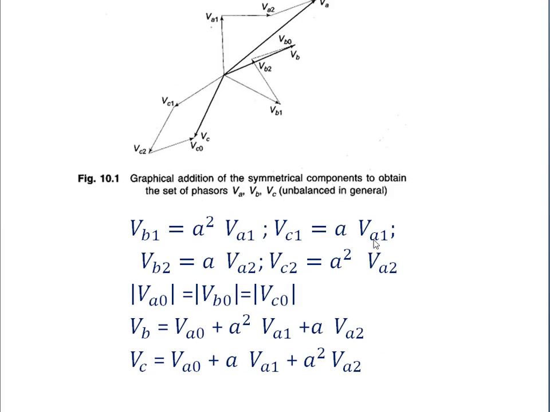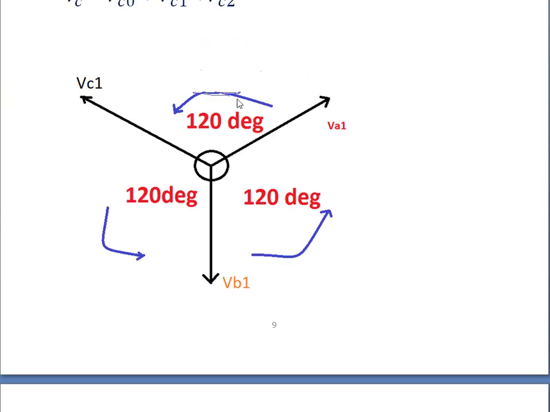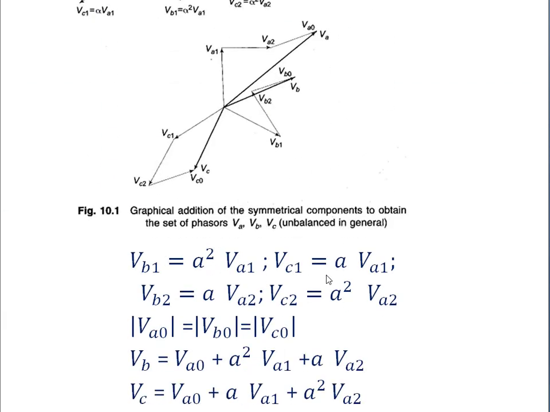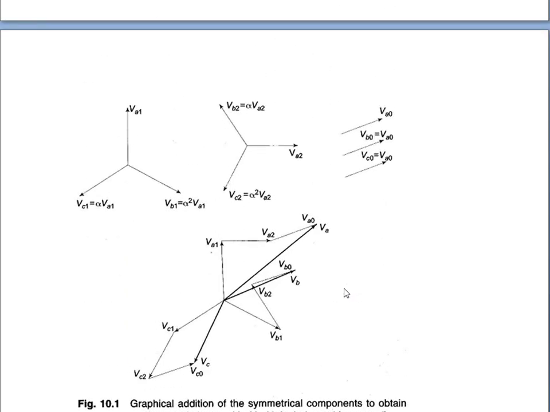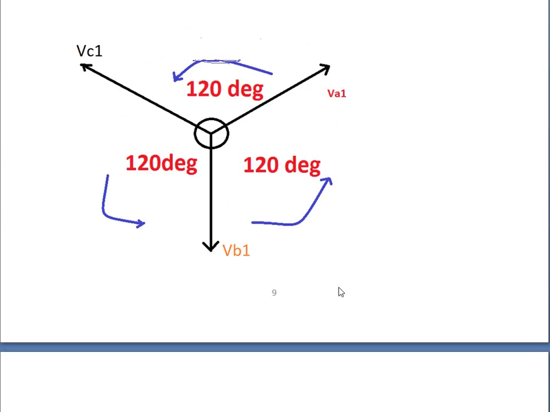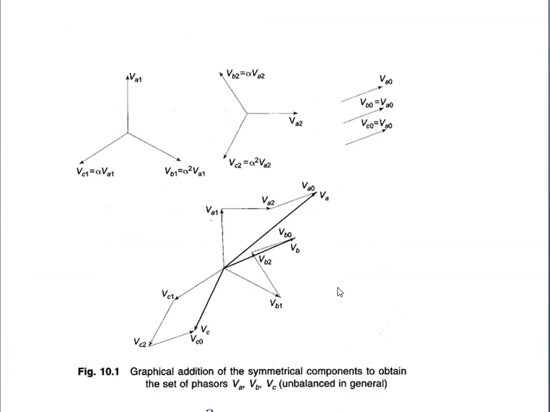VC1 is equal to A into VA1. That is what we have done here. So this is how we express positive phase sequence components VB and VC in terms of reference vector VA.